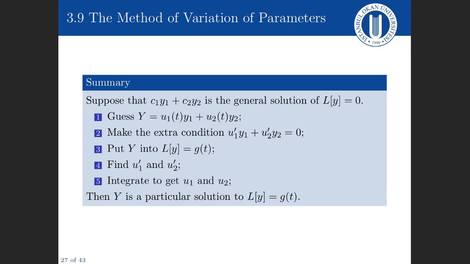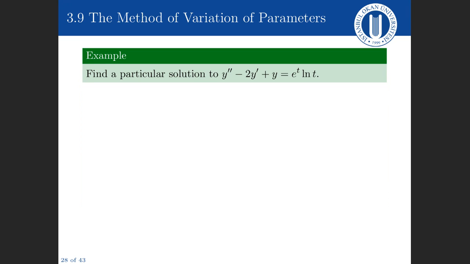Two things to remember for the method of variation of parameters. We always start with u1 y1 plus u2 y2, and we always make the extra condition that u1 prime y1 plus u2 prime y2 is equal to 0. And then after that, it's playing with the equations to find u1 and u2.